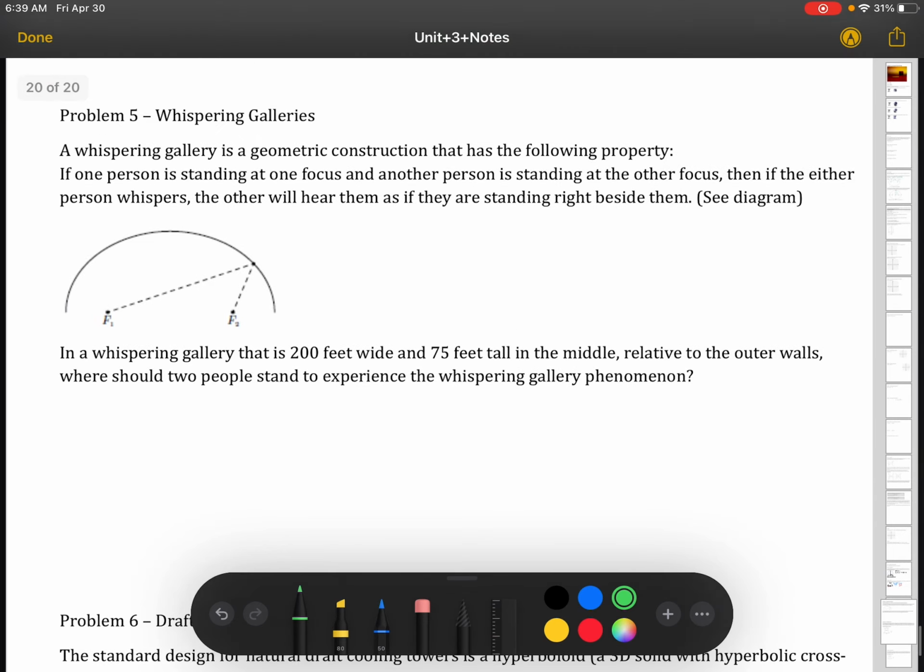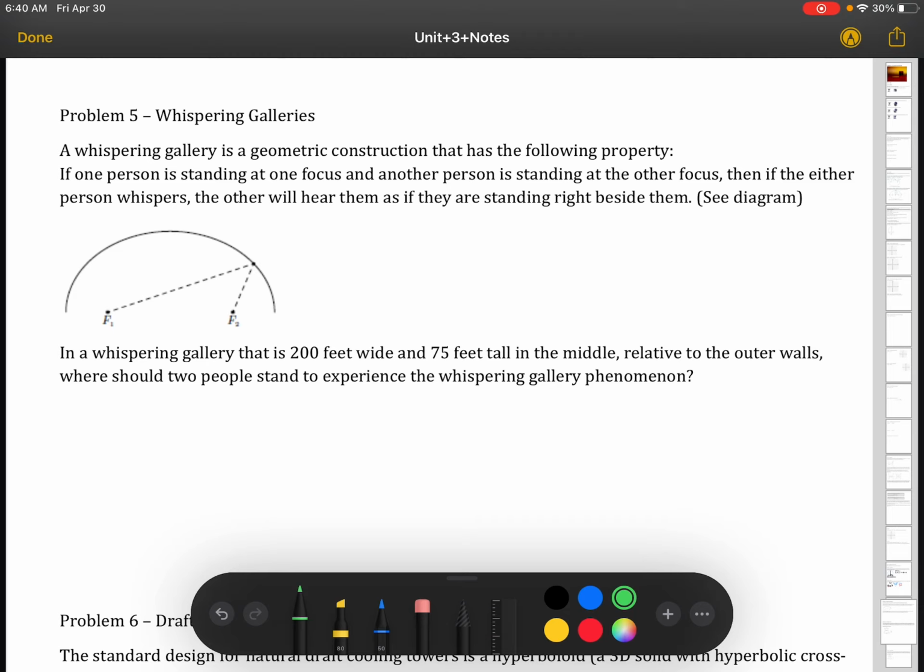So next is a whispering gallery. It's a thing that has this phenomenon where if two people are standing at the focus of an elliptical shaped room, one person can whisper and it's going to sound as if the person speaking is speaking at full volume for the person that's standing at the other focus.